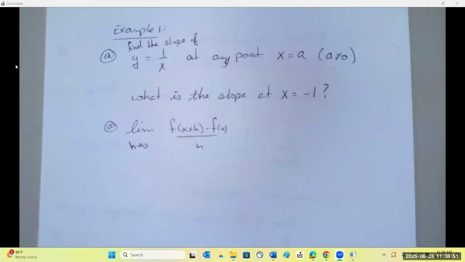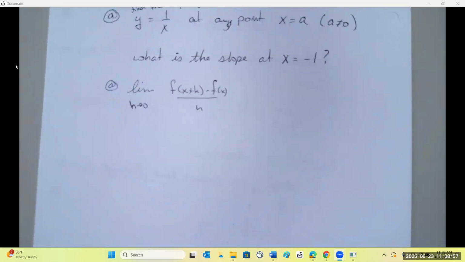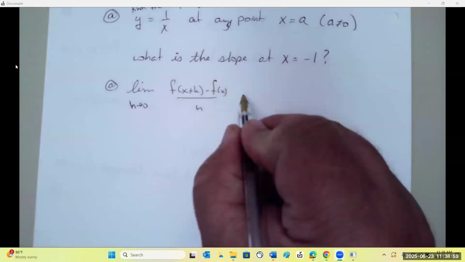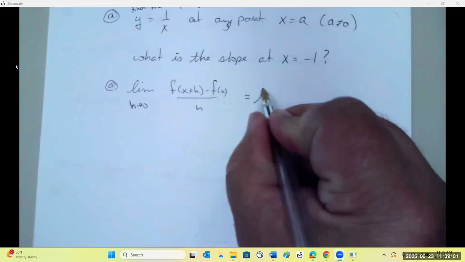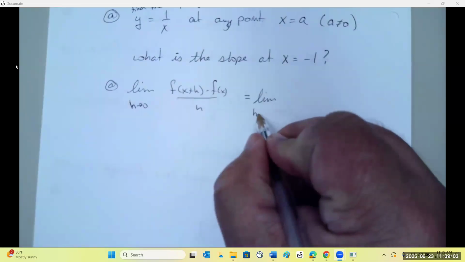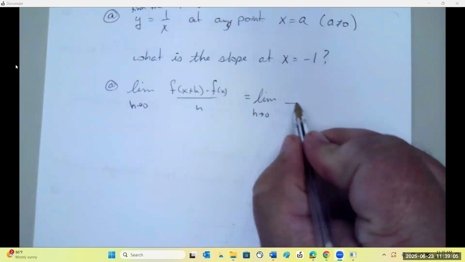We first have to look for this one. So in our example, we have the limit as h approaches 0.